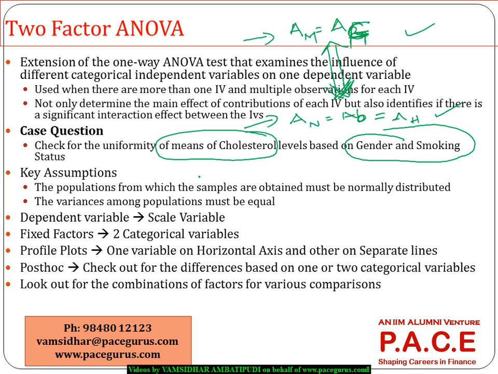Apart from looking at their impact in isolation, the two-factor ANOVA procedure also looks at the impact on cholesterol by the combination of both gender as well as smoking status. That is one of the major important things that has to be considered.